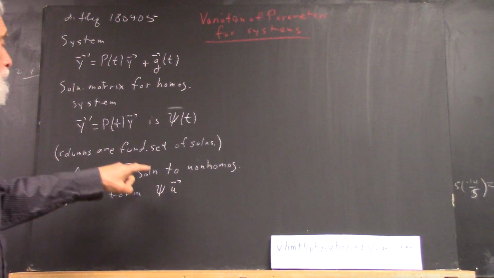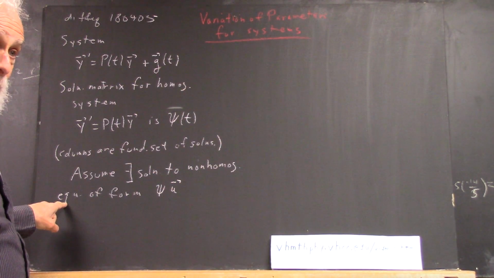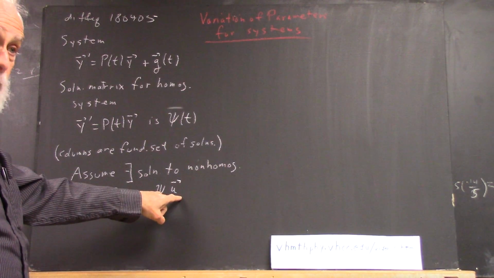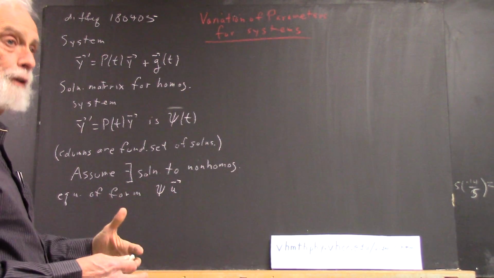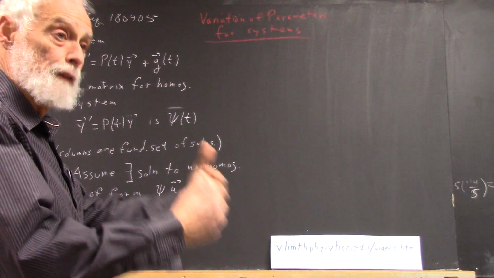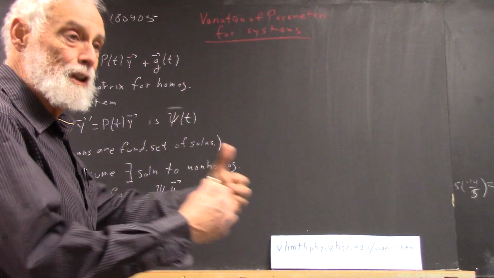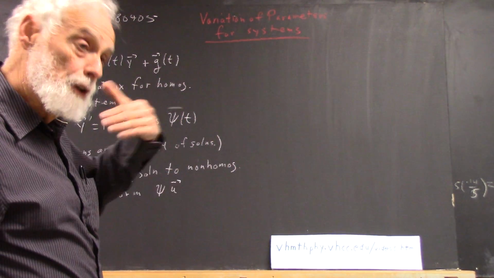So we're going to assume that there exists a solution to the non-homogeneous equation that's of the form psi times u. That's just equivalent to a linear combination, but not linear because you're using functions instead of constants to form your combination of your solutions to a single equation.